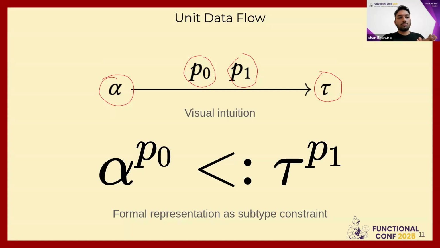It's saying that P0 is the producer of A, and A is flowing into the location P1, which is the consumer of A, and it expects a type T. If A and T match, then the program will pass. Otherwise, it will give a failure. So what do we do with this? This is just the smallest notation we have. Let me just erase this.